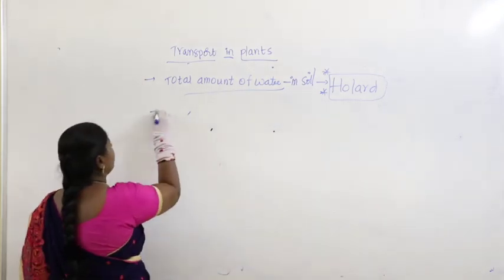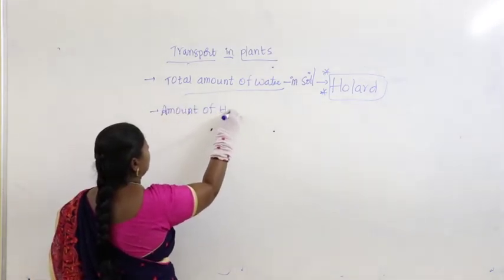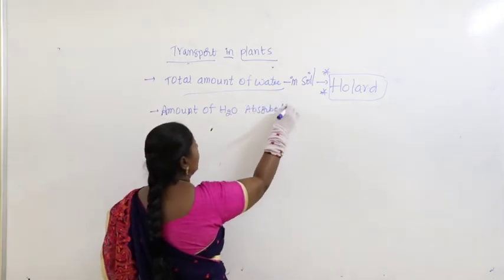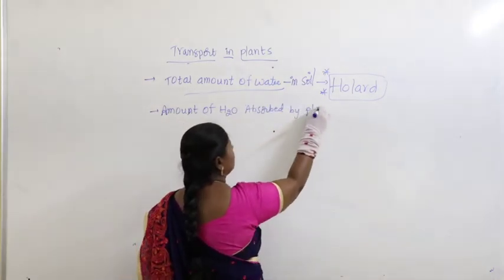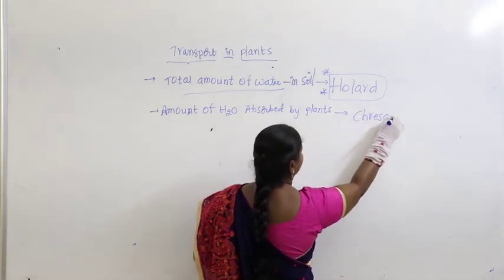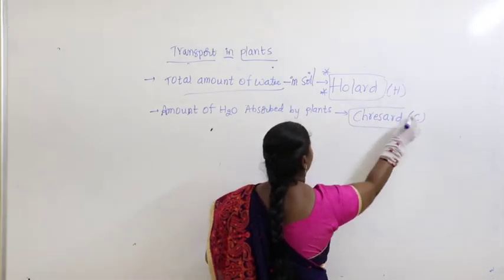Of that, the amount of water taken up, or absorbed, by plants is called crescent. Holard is referred to as H, and crescent as C.